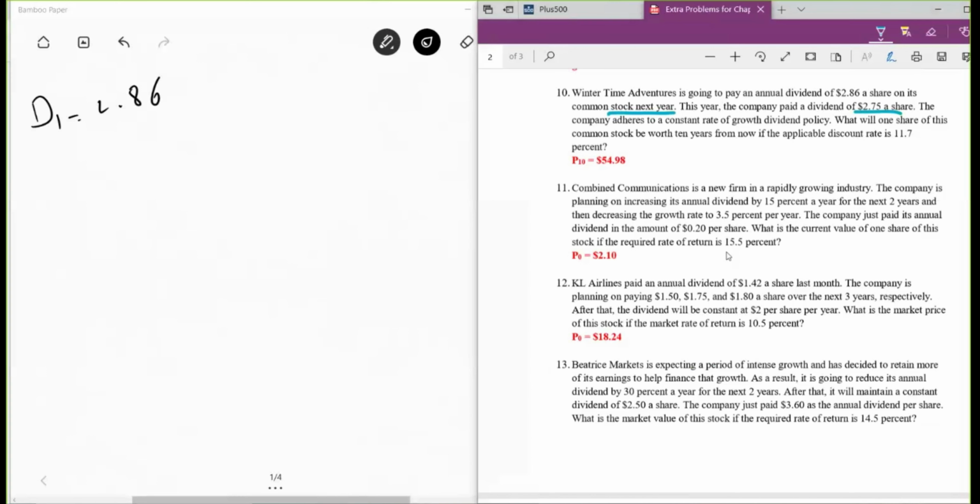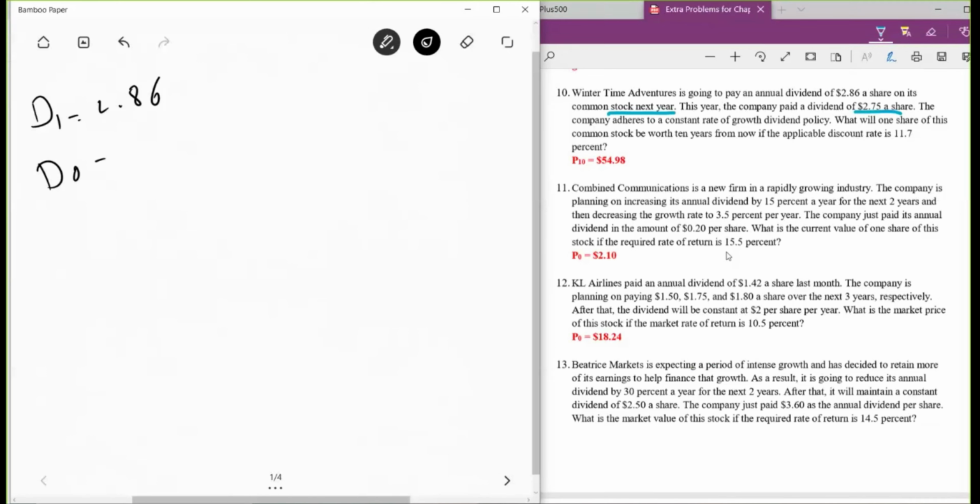So this is D0. As I said before, you use this information to compute the growth rate. So it's 2.86 divided by 2.75 minus 1. This is for the growth rate. So 2.86 divided by 2.75 minus 1 equals 4%.